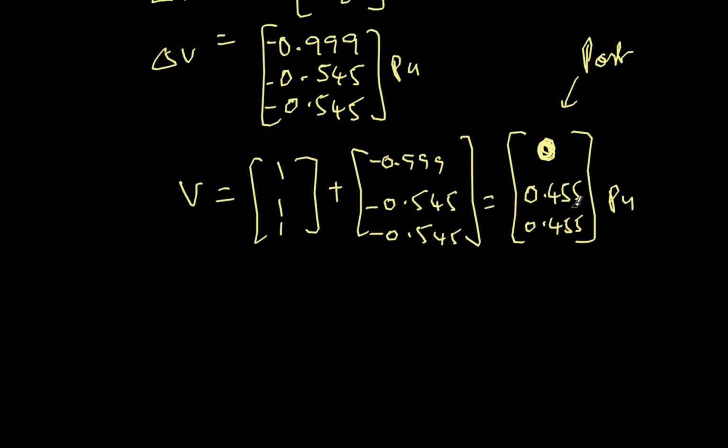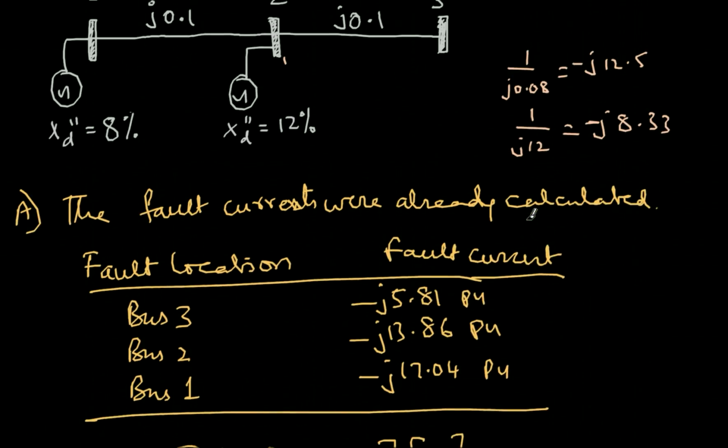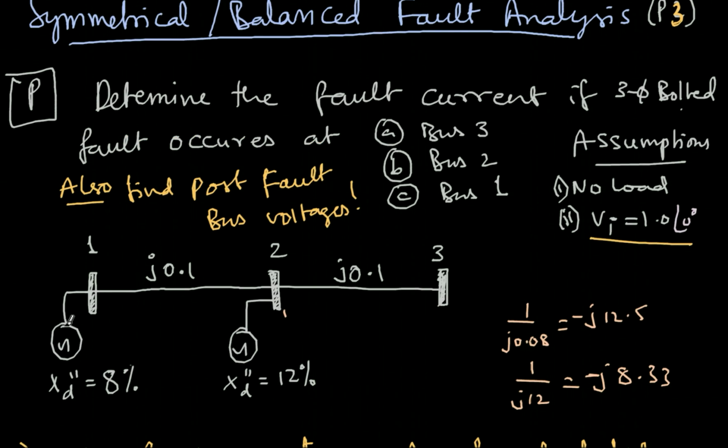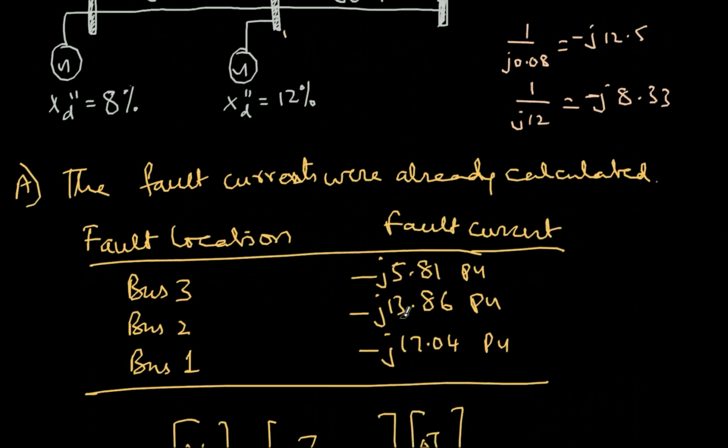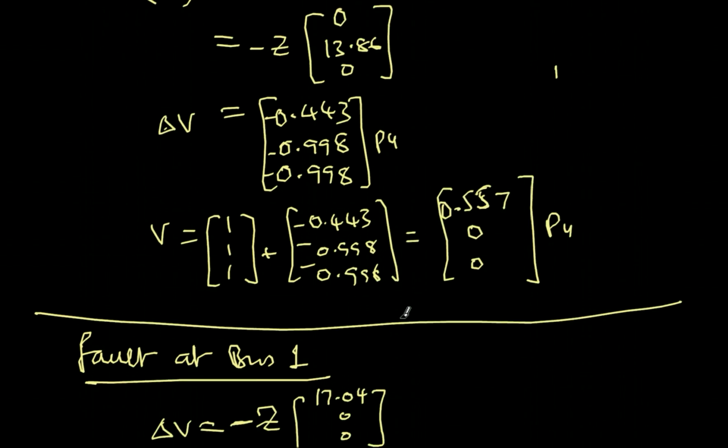So you cannot operate the generator at that low voltage. Even the generator has to be tripped. Of course, the one closest to the fault, if I trip generator 1, then generator 2 will bounce back to its original voltage and start generating. So anyway, this is a video about calculating the post-fault voltages.